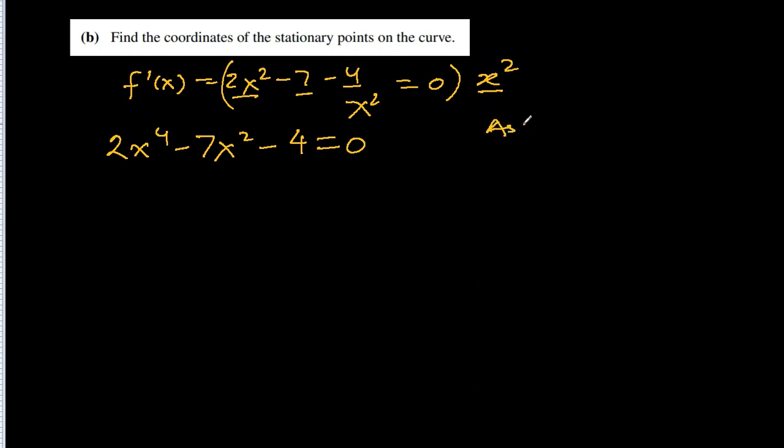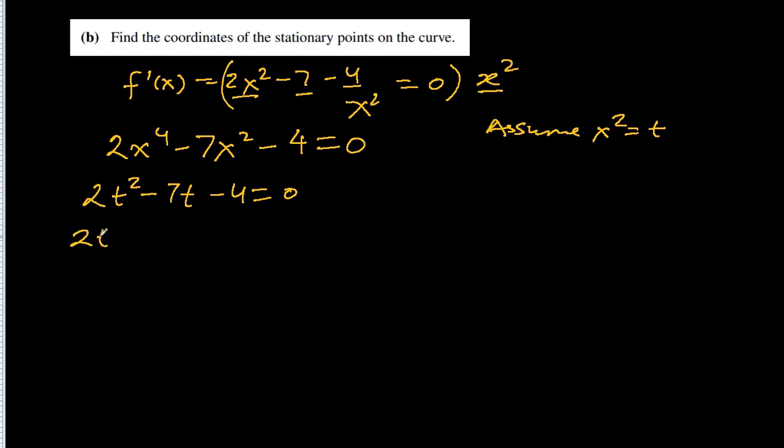So let's assume x squared is equal to t. So this becomes a perfect quadratic equation. So 2t squared minus 7t minus 4 equal to 0, and let me solve it as usual by factoring.